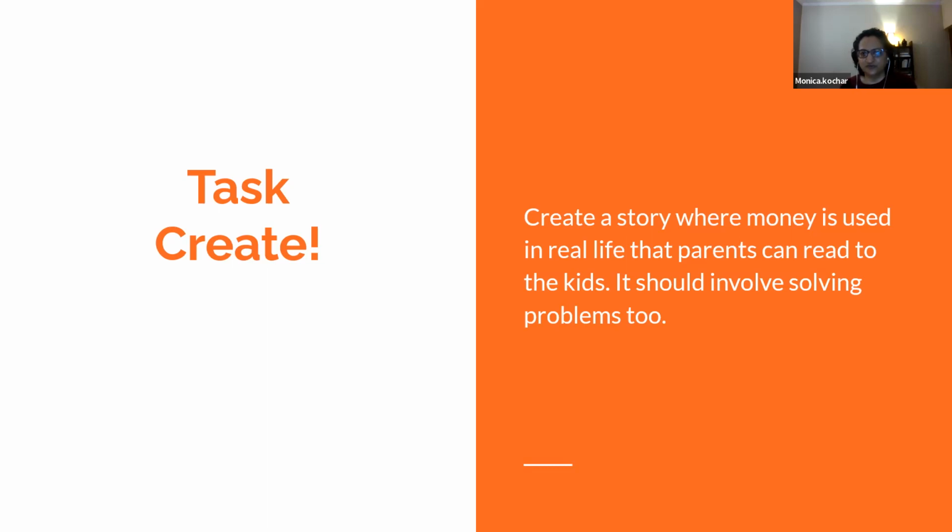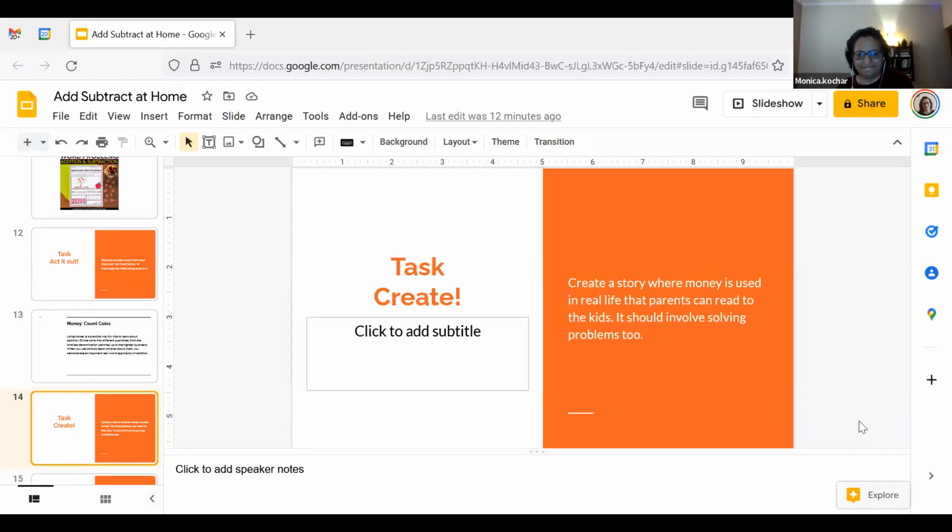So create a story. You can again do it as a team. Team story is the best story, because when you're brainstorming, the best stories come out. And then money is used. Keep it short. So parents read to the kids, and then the parents discuss with the kids the questions and answers. This is really a family bonding time. Is the task making sense? Yes, ma'am.